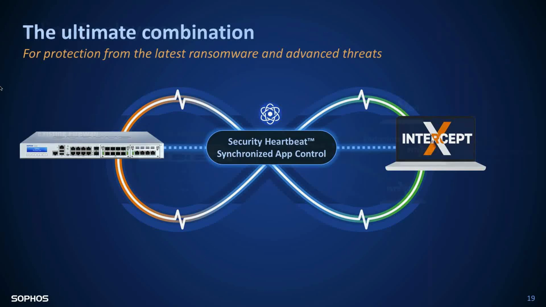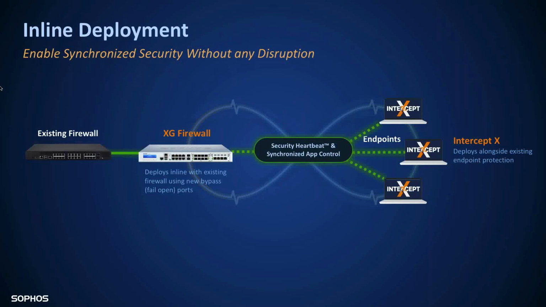So the other thing we can do is run it in line with your existing firewall. If you have a SonicWall or Palo Alto, whatever, and you love that thing, well, okay, that's great, keep that in line, but put the XG in line with that, running alongside Intercept, and that'll give you that synchronized heartbeat and app control.